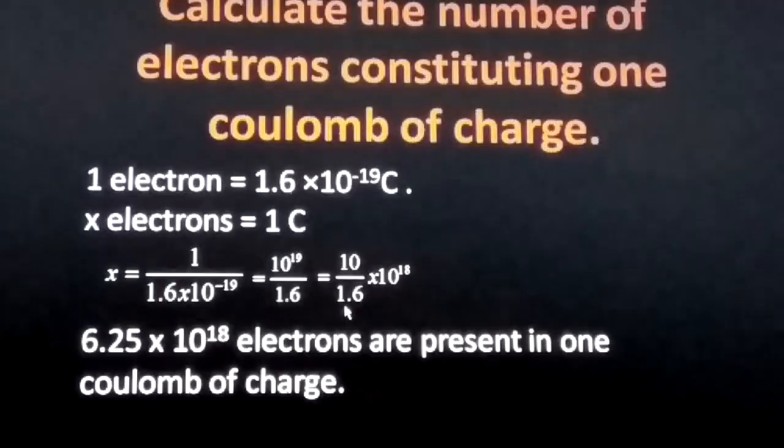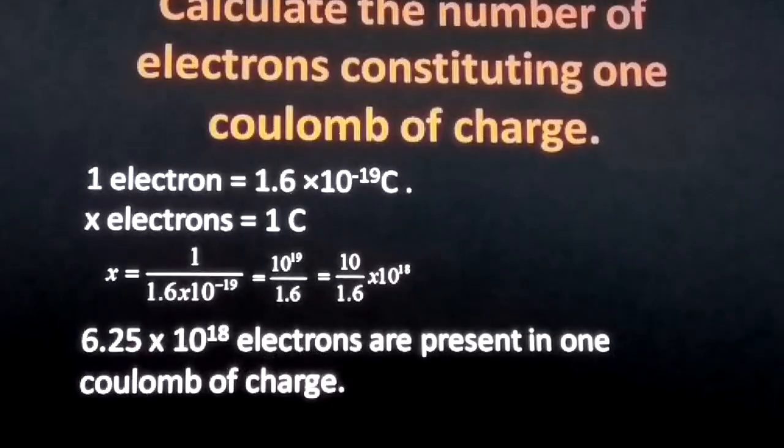If you divide, we will get the value 6.25 into 10 to the power of 18 electrons present in 1 coulomb. So how many electrons are present in 1 coulomb? 6.25 into 10 to the power of 18 electrons.